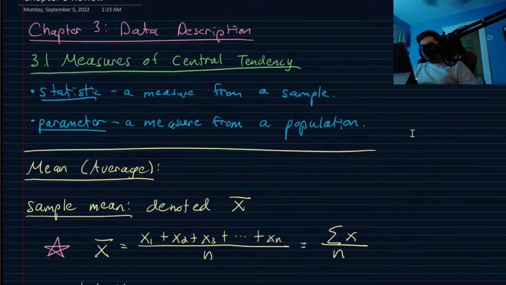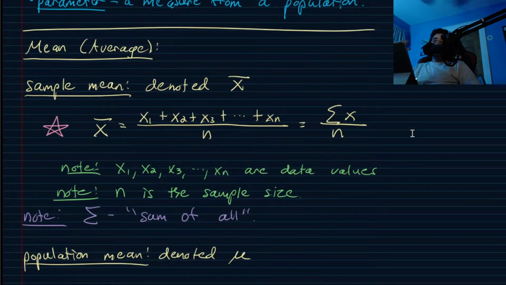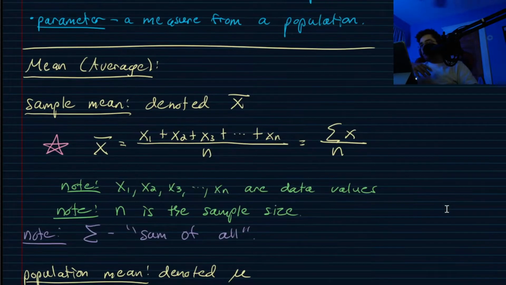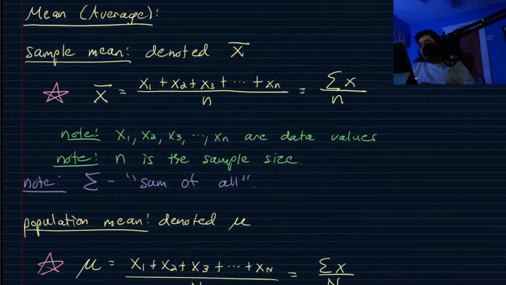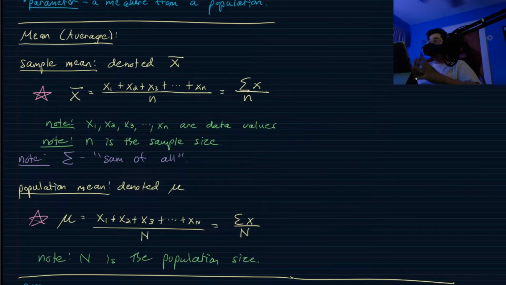Okay, so the first measure that we learned, remember section 3.1, this was on measures of central tendency, what happens around the middle of a distribution. And the first measure that we defined, of course, is the mean. The formula for mean is the same whether you're dealing with a population or a sample.